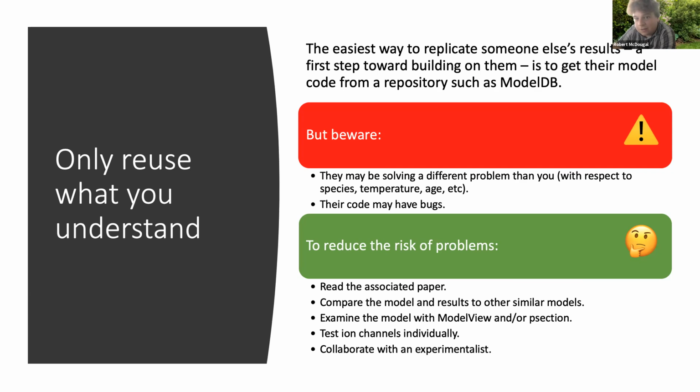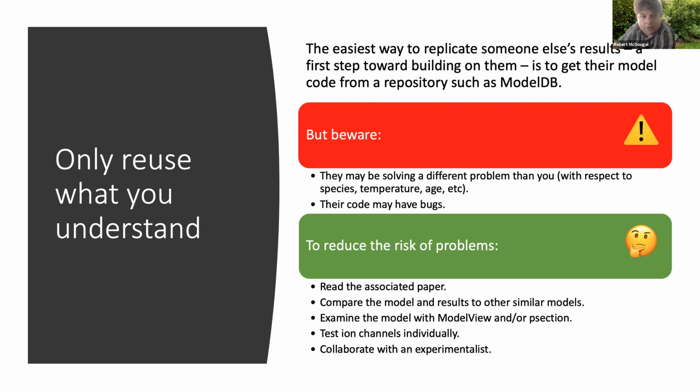That's why I'm going to stress things like model view for looking at the structure of the cell. That's why we talked about how one changes the synapse mechanism in something, and why it's important to have clean, well-documented code that other people know how to go back into and make changes correctly.